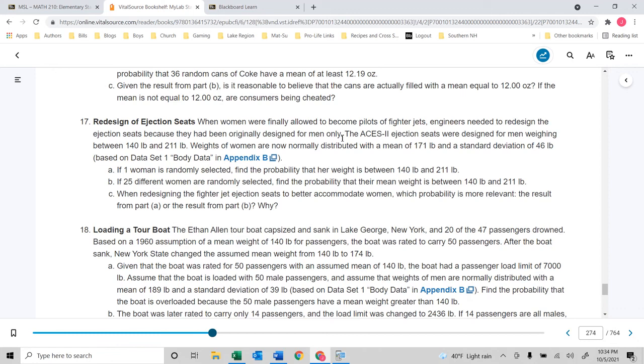When I look at group means, a lot of times that group mean isn't too useful when I'm talking about things that individual people have to use, like ejection seats or airline seats. If I'm talking about the weight on a plane, then yeah, I'm grouping 25 people onto the plane, and their weights will average out. That's not going to have the same effect. So those are the things we have to consider when we're looking at the central limit theorem.